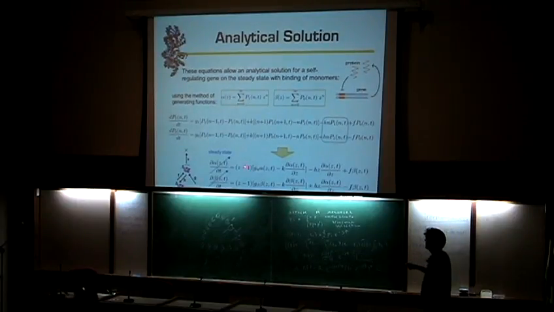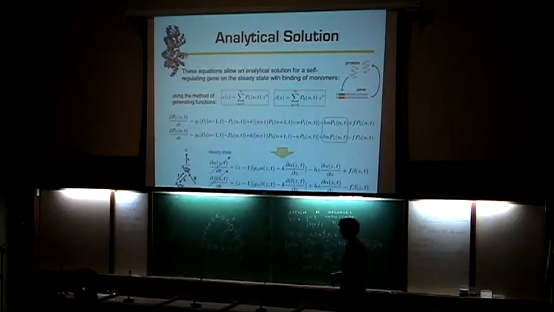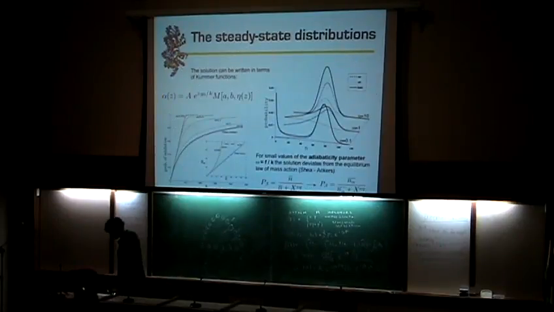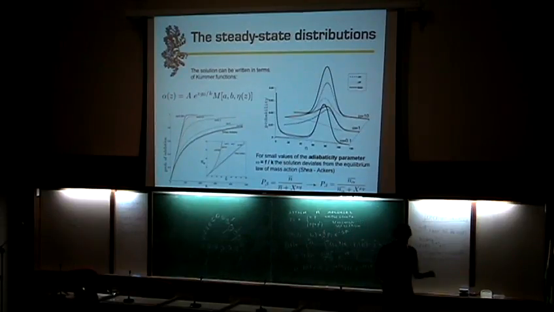Now, on the steady state, the d/dt over here of alpha and beta is going to be 0. Then you can take one of these equations. You can, for example, isolate beta over here and plug it into this one, and then you'll end up with a second order differential equation that actually has a solution in the form of Kummer functions, which is a well-studied solution by this guy Kummer.